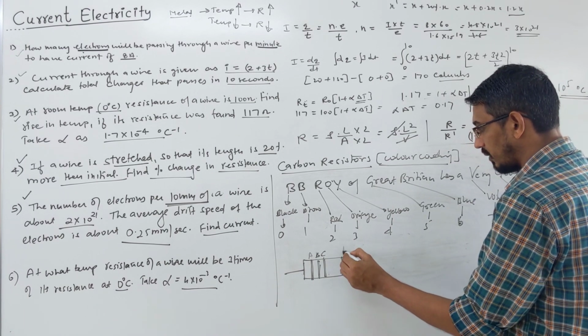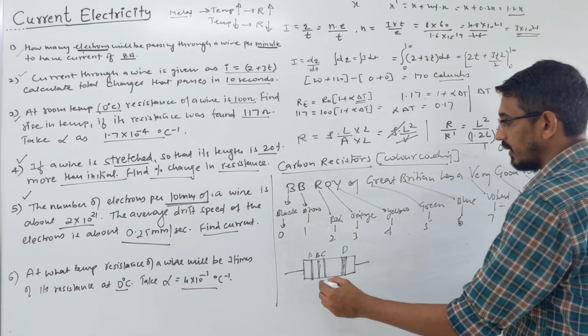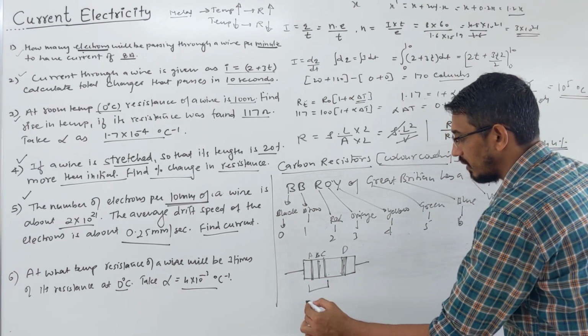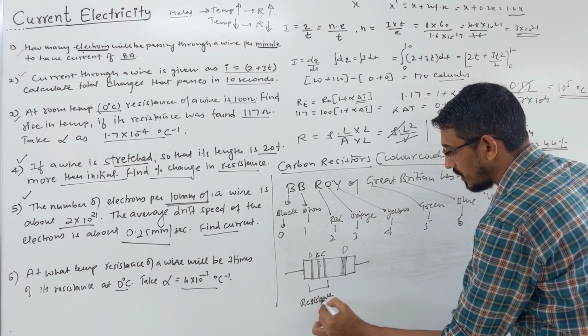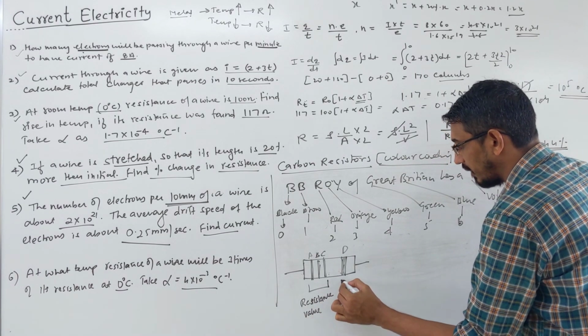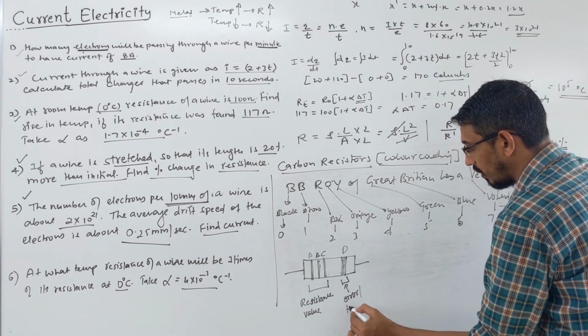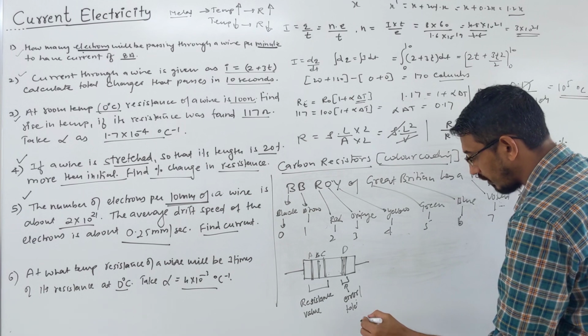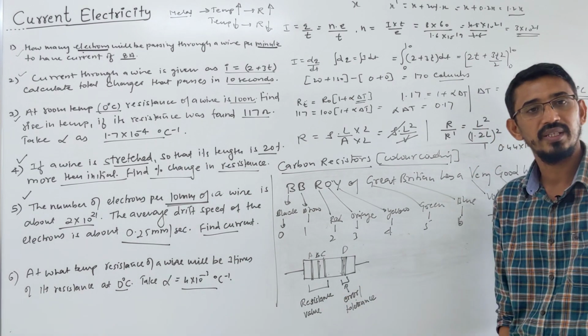The 4th strip D has 3 possibilities. The 3 strips A, B, C tell you the resistance value, and the 4th strip tells you the error, or you also call it the tolerance in that resistance.